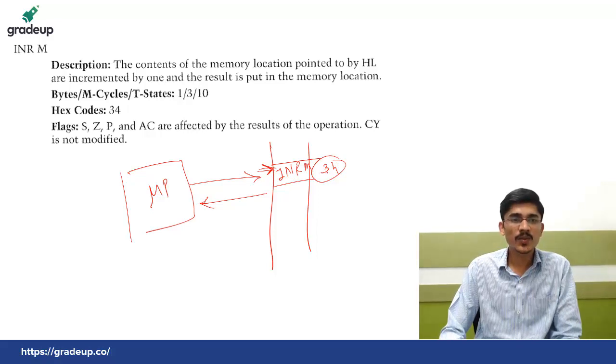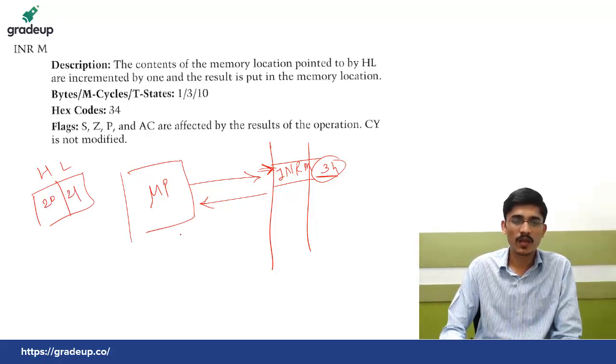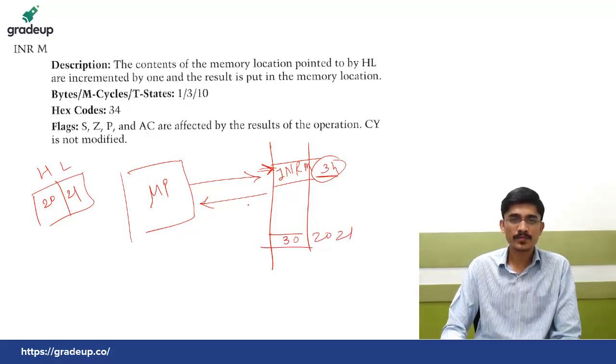The microprocessor understands 34, that it has to increment the contents of the memory location pointed to by the HL pair. The HL pair is within the microprocessor. In the HL pair, suppose HL is 2021. So this is the memory location 2021 where 30 is written.